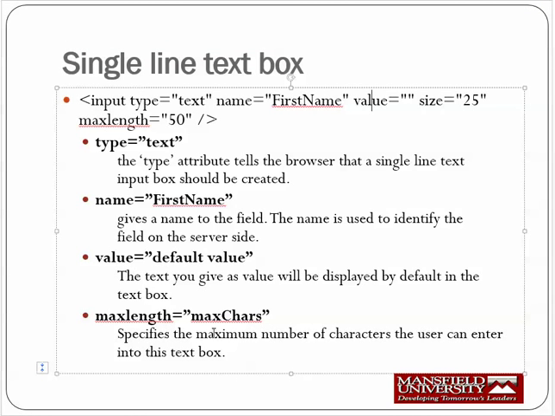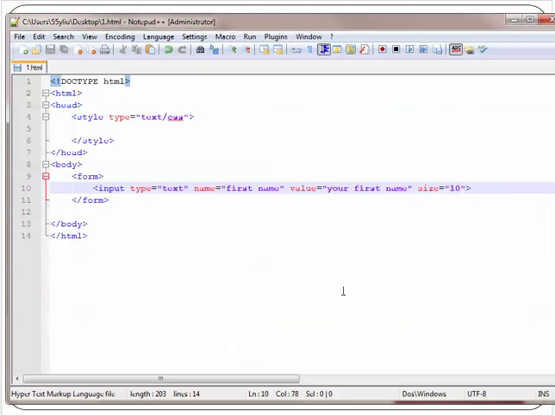We can also decide the length. Here we can decide the maximum number of characters that the user can type. That will be maxlength. For example, we choose maxlength equal to 5.